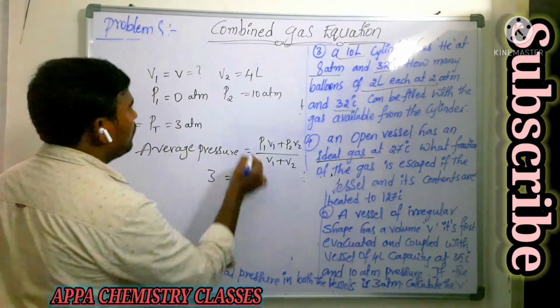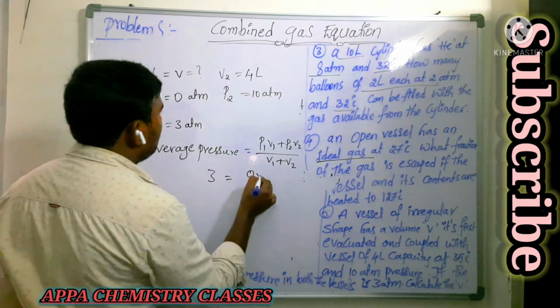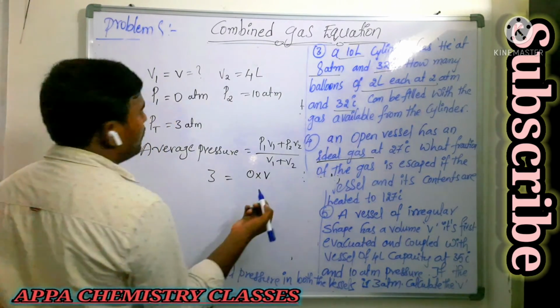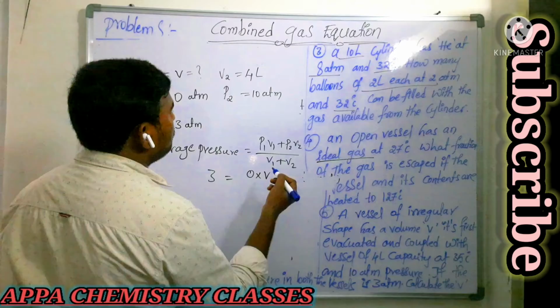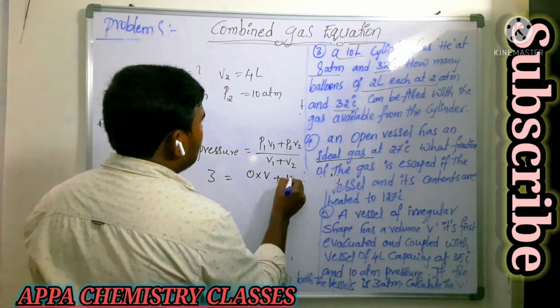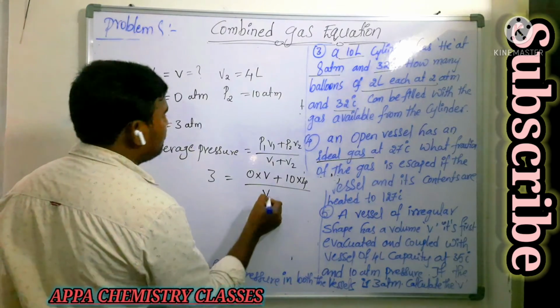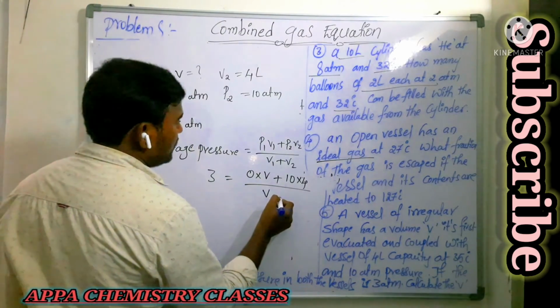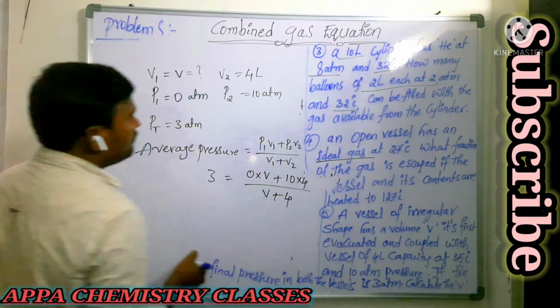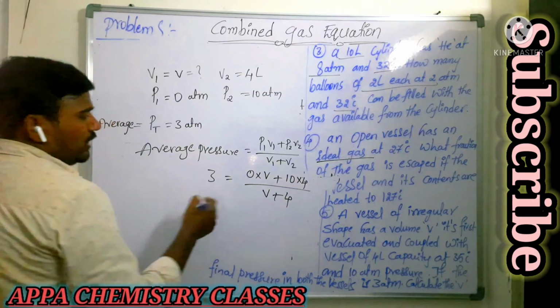So 3 is equal to P1, 0 into V, that becomes 0, plus P2, which is 10, into 4, by V1 plus V2. V1 is V and V2 is 4.